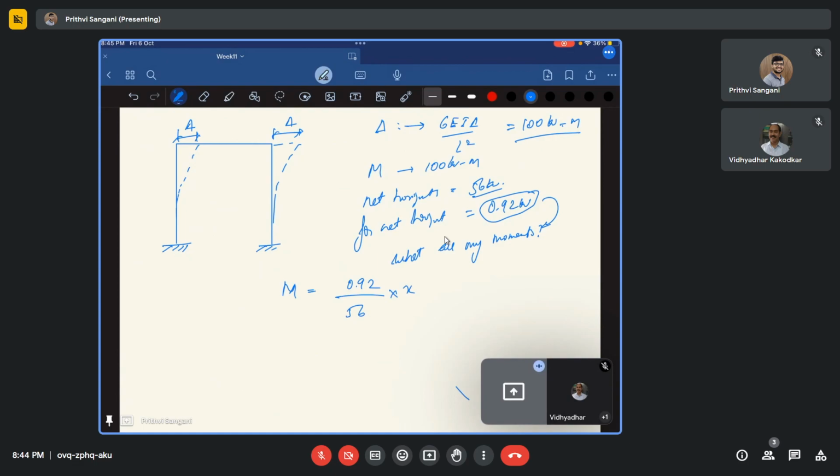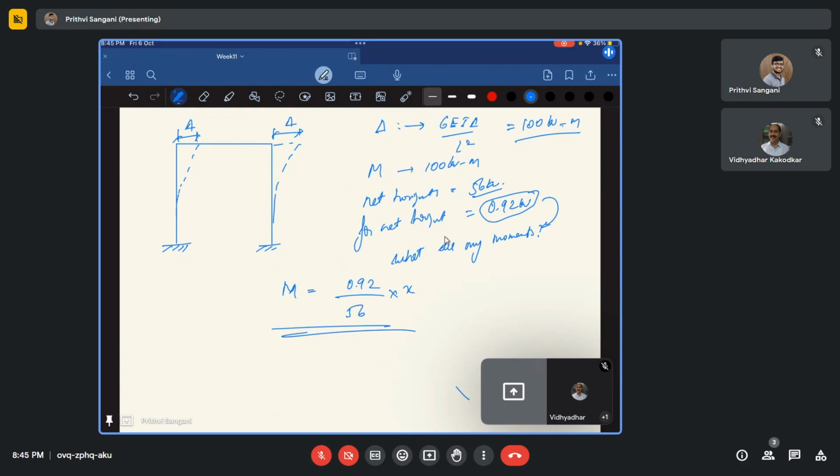So at the end, what will be my solution? First I'm letting some sway, and then I'm applying a moment in such a way that the horizontal reactions are negated.